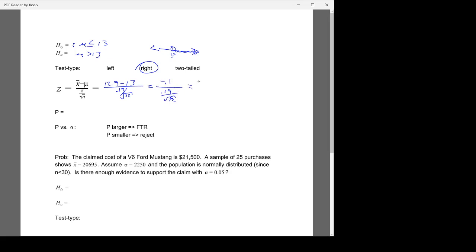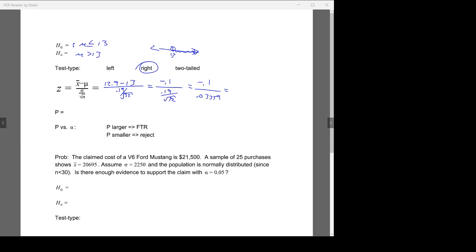I'll take another step. Minus 0.1 over 0.19 divided by the square root of 32, which is 0.03359. So we have minus 0.1 divided by 0.03359. Do I believe that?